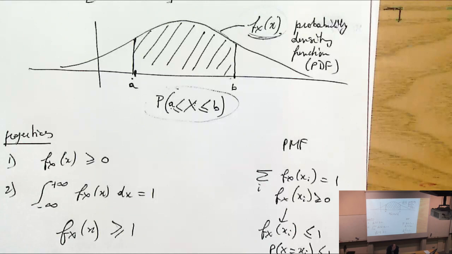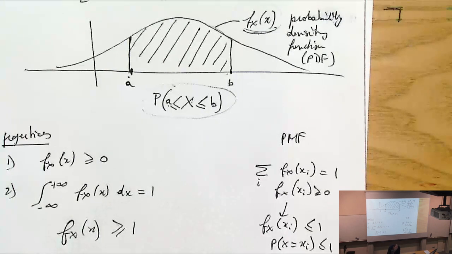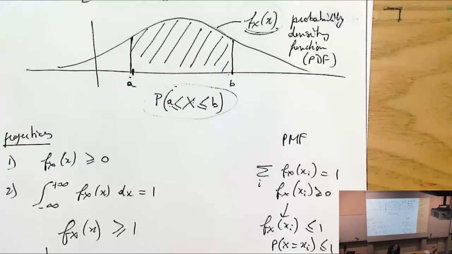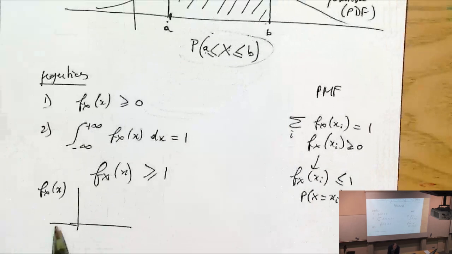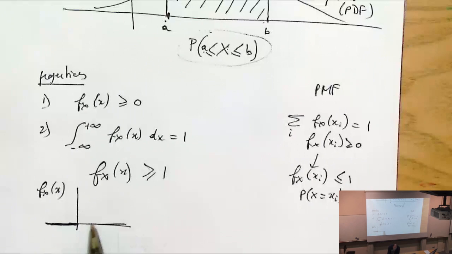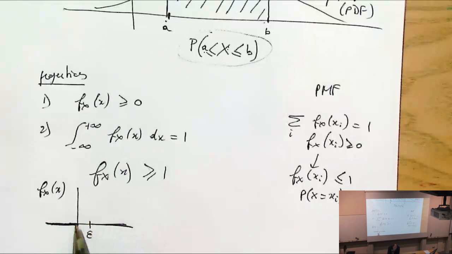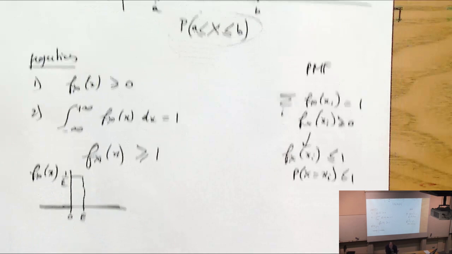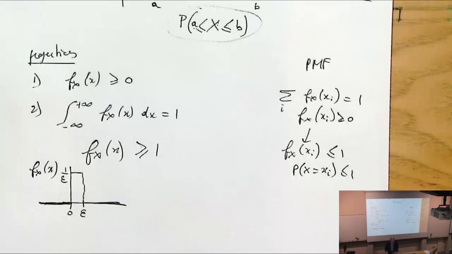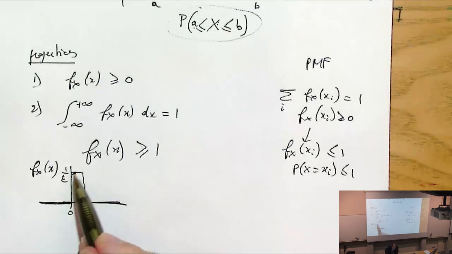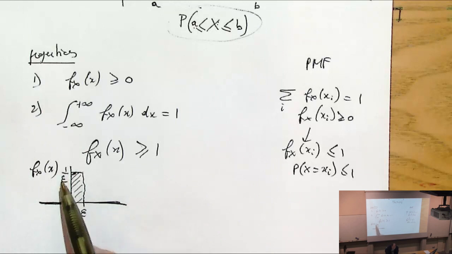An example where this can happen is a probability density function that is equal to 0, and between 0 and epsilon is non-zero and equal to 1 over epsilon. The area under this curve is 1 over epsilon multiplied by epsilon, which is equal to 1.